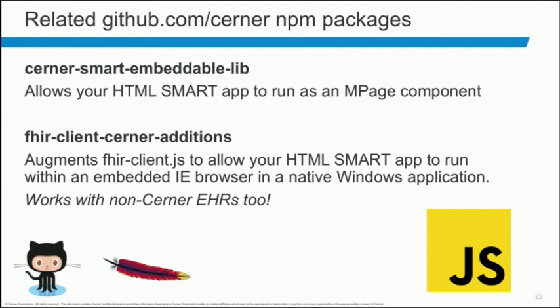And the way the FHIRclient.js library works, which is an open source library that many web application developers use, that is maintained by the Smart Health IT group, that library relies upon the session store for storing your OAuth token. And so when you don't have that sandboxed session store between the multiple patients' charts, what you end up with is the last patient chart you've opened is the last OAuth access token that exists in that session store.